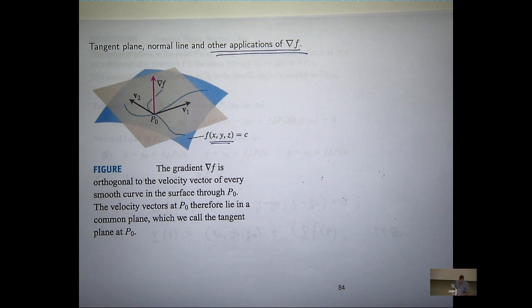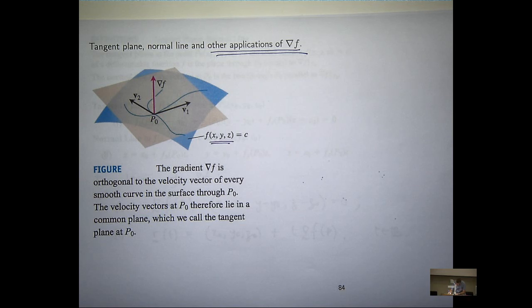They're just tangent vectors to those 2 curves. Now, once I have 2 vectors, as long as they're not parallel or 0, I've got a plane. And from that picture, you could reasonably conclude that those 2 vectors lie in a special plane, a special plane that we call the tangent plane.